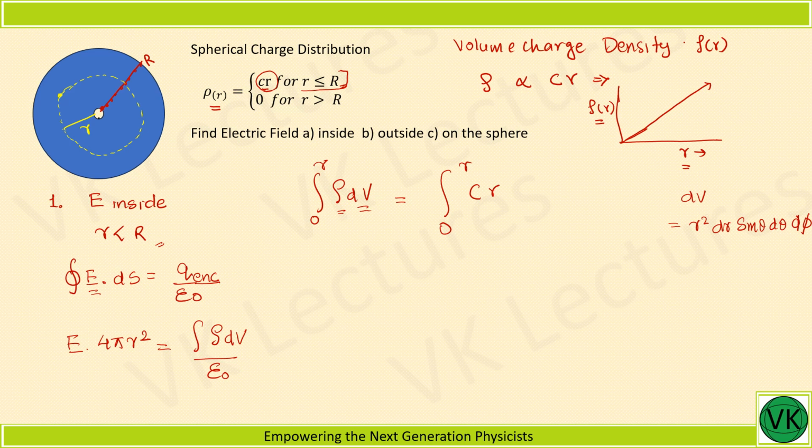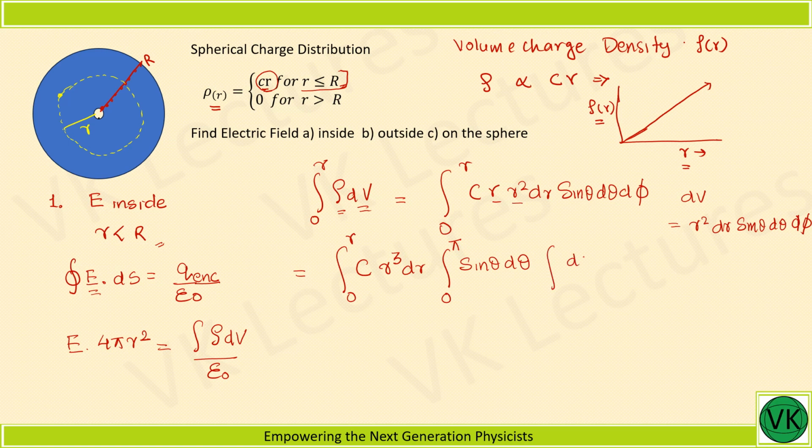Substituting the dv value, we have a triple integral. Solving this, we get the integral of c r into r squared, which is r cubed dr, then the integral of sine theta d theta, where theta is from 0 to pi, r is from 0 to small r, and for d phi the integral of phi is from 0 to 2 pi.